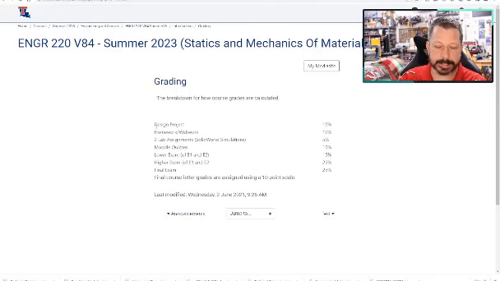So there is a design project. You're all scattered around everywhere, so some of you might actually be in town and you can collaborate, but I know some of you are not. So the design project is a little bit different in the summer when we're doing the online version, because normally you create a design of maybe a truss, and you go in and laser cut it and physically build it, and you test this truss.